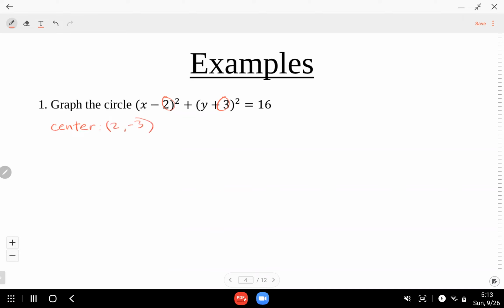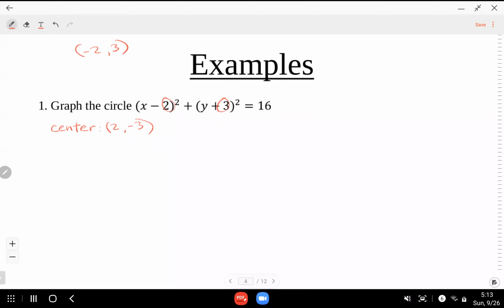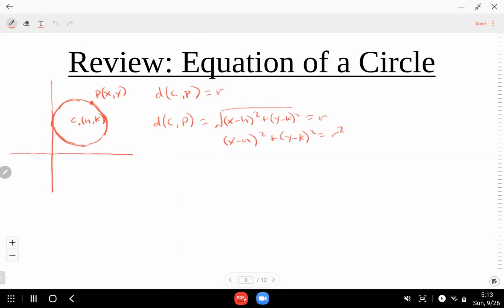A common mistake when you're doing this is thinking it's going to be -2, 3. That's not correct, because the formula has the center as H, K. If you had a negative number as h, then it would be x plus h.